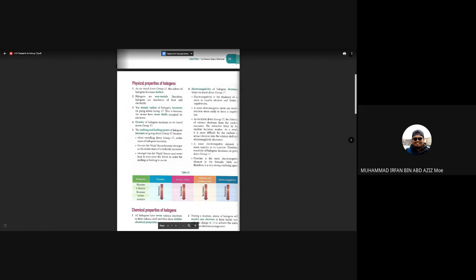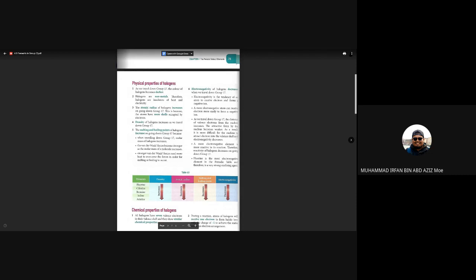How can we define something as a metal? It is metallic bonding, basically. Metals have their own properties. The physical properties of metal: shiny, ductile, malleable.